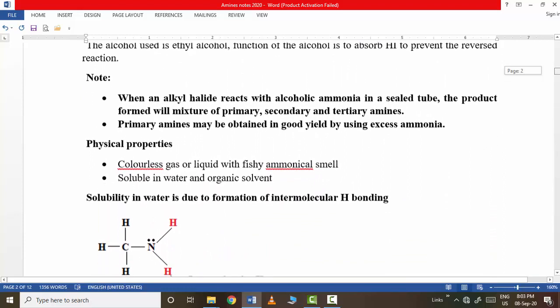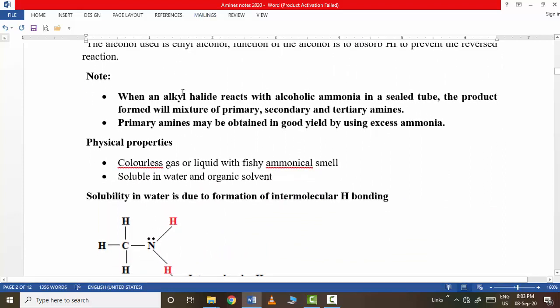Then in the note part you can see, when any alkyl halide, methyl iodide, methyl chloride, ethyl chloride, reacts with alcoholic ammonia in a sealed tube, the product formed will be a mixture of primary, secondary and tertiary amines.